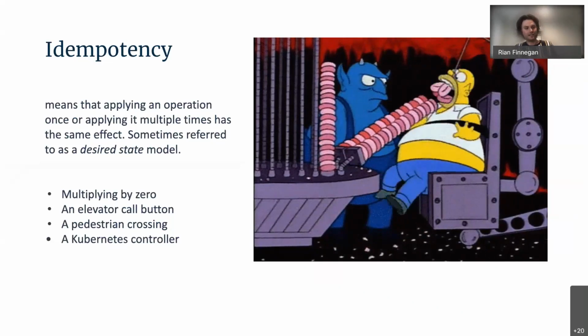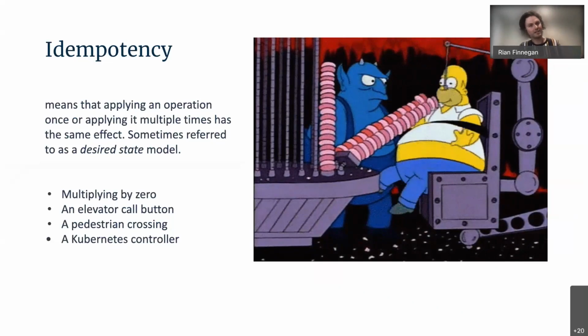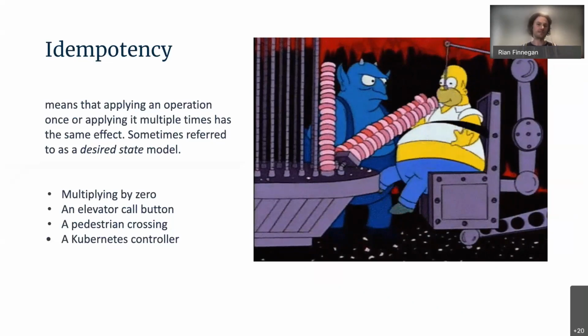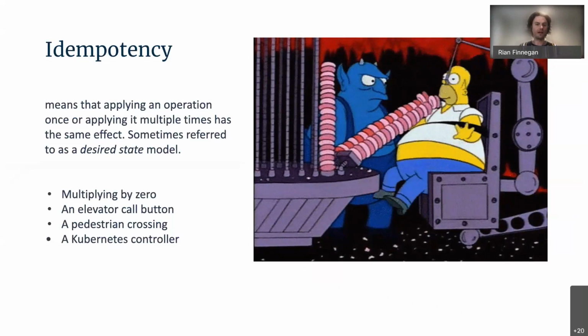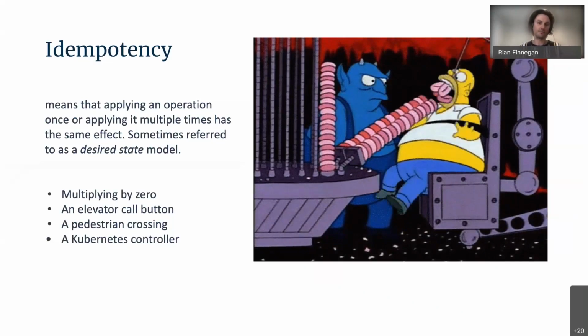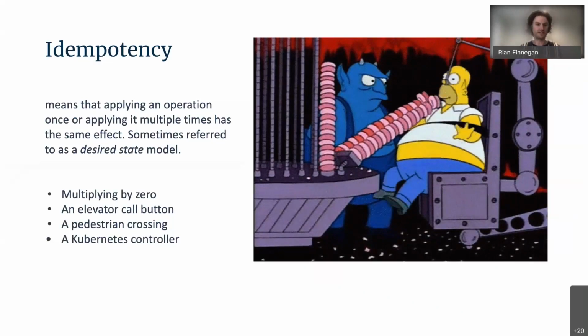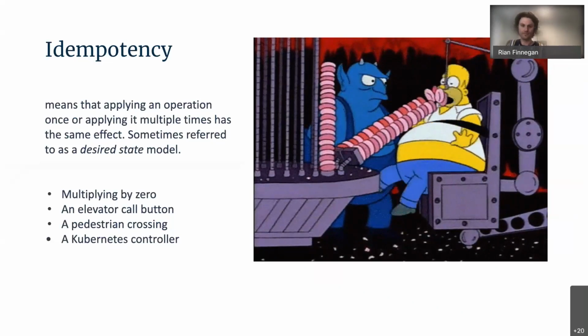And if anyone's used Kubernetes, the Kubernetes API and Kubernetes controllers are another example of an idempotent system where the command, kubectl apply, applying it once or applying it 10 times doesn't make a difference, hopefully.